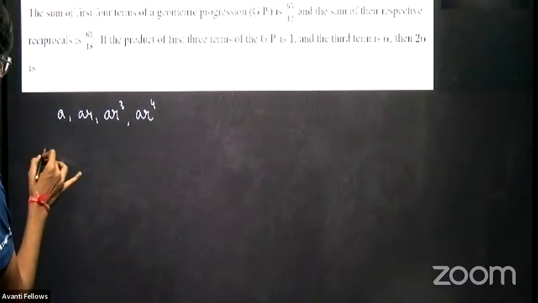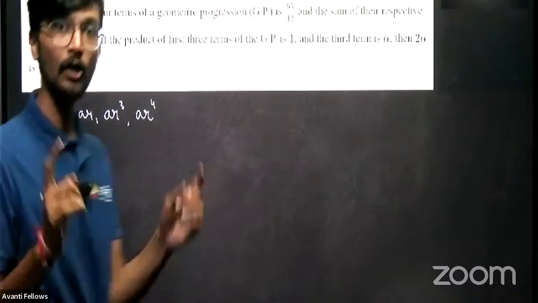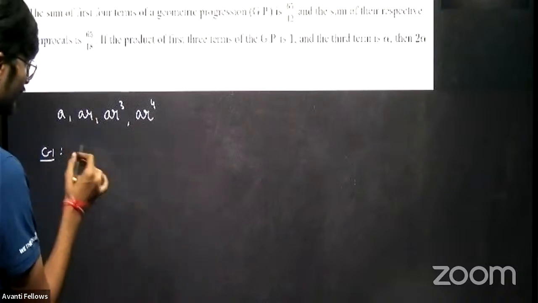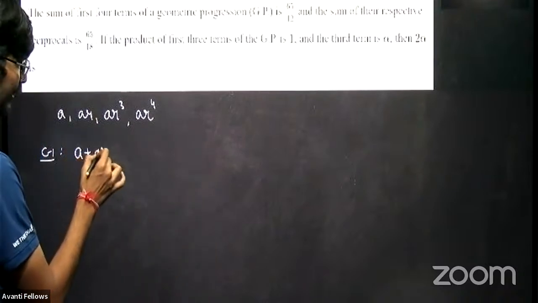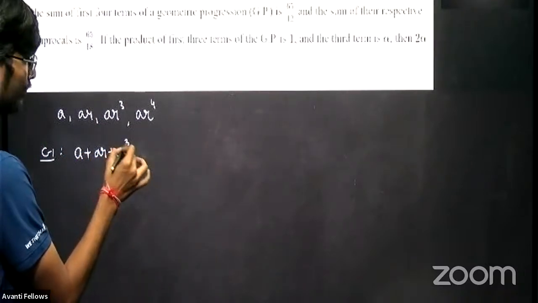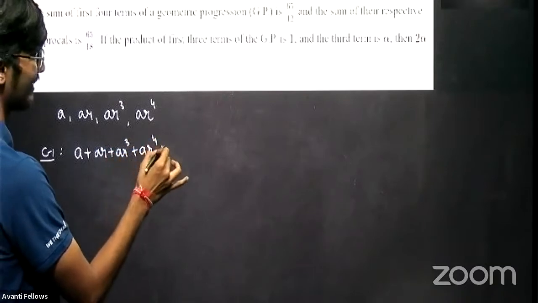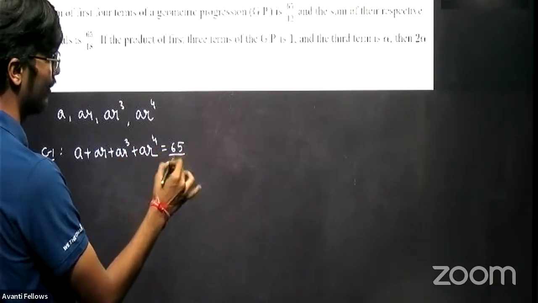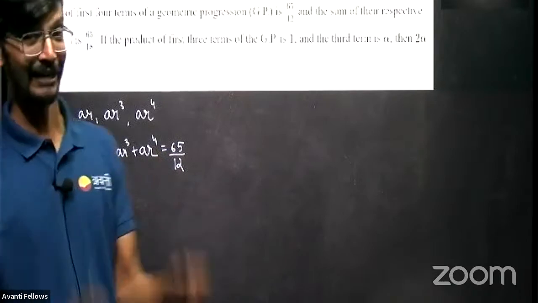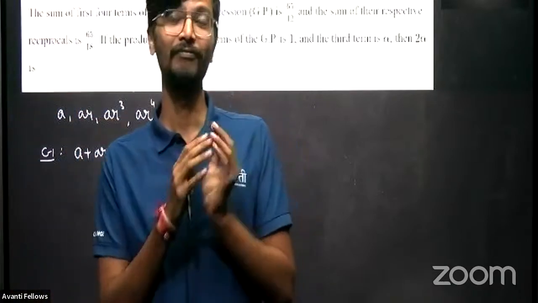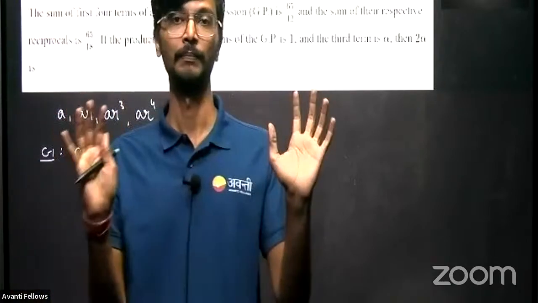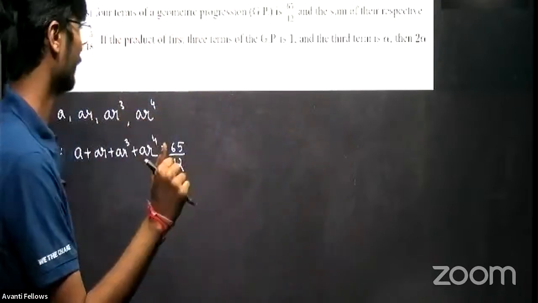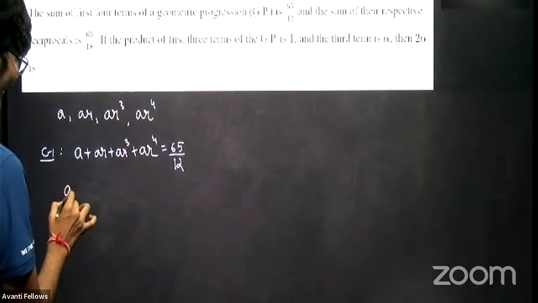According to the first condition, it is given the sum of these all: a plus ar plus ar² plus ar³ is 65/12. Now again, let me remind you, what are we finding? a and r. Please keep in mind. I can take a common.